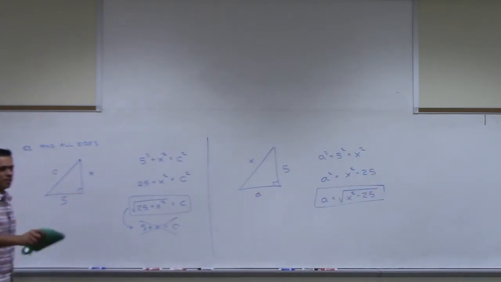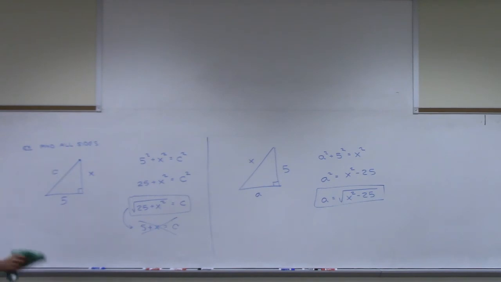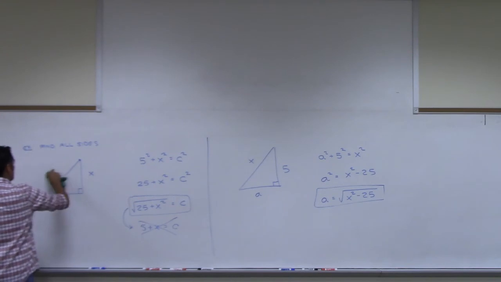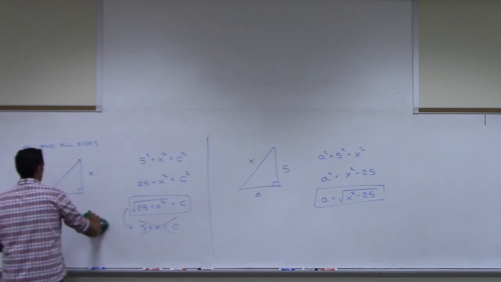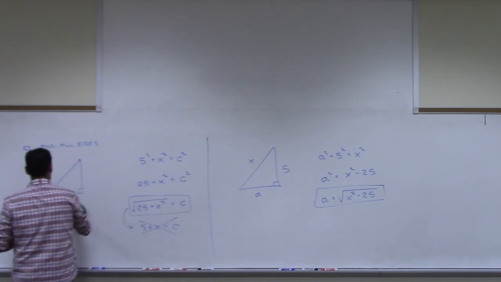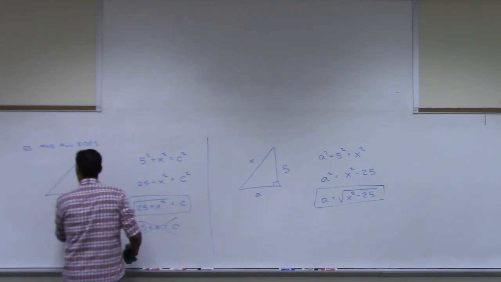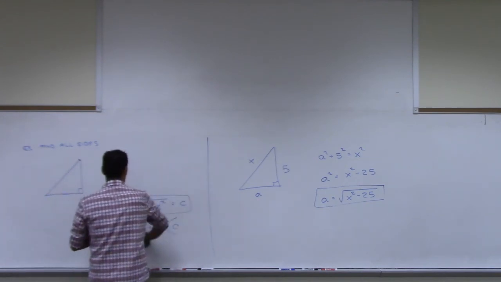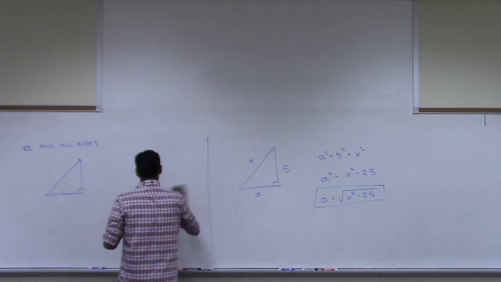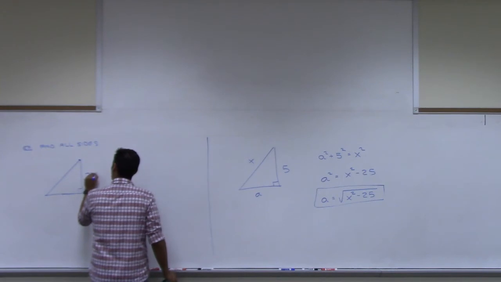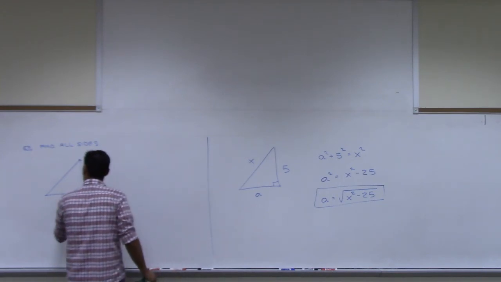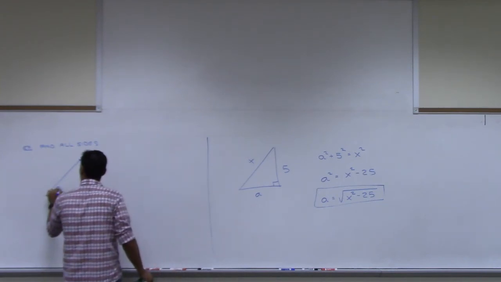All right, your turn. I'm going to give you an opportunity to take 5 minutes to see if you can answer the following. I'm going to give you 2x, root 3, and theta.